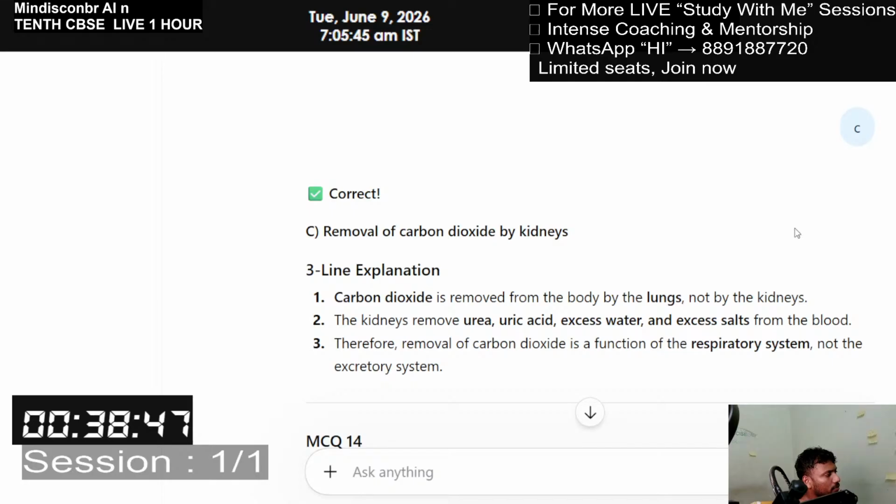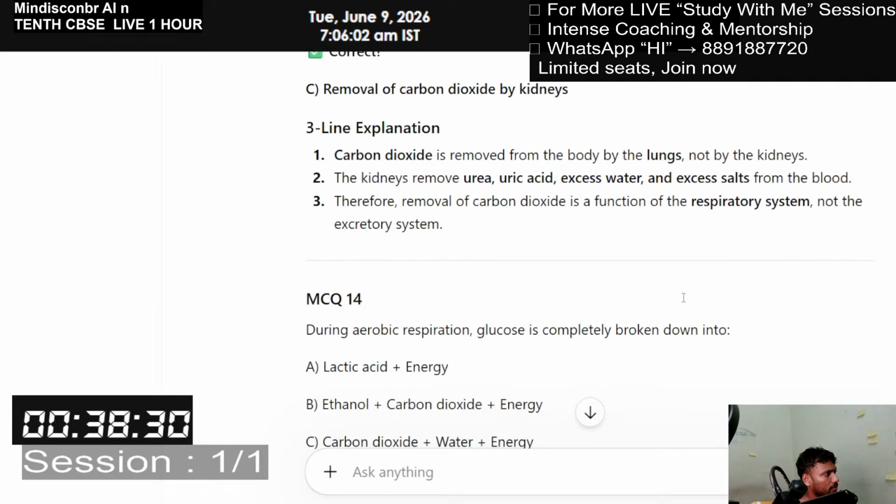Carbon dioxide is removed from the body by the lungs, not by the kidneys. The kidneys remove urea, uric acid, excess water, and excess salts from the blood. And therefore, removal of carbon dioxide is a function of the respiratory system, not the excretory system.